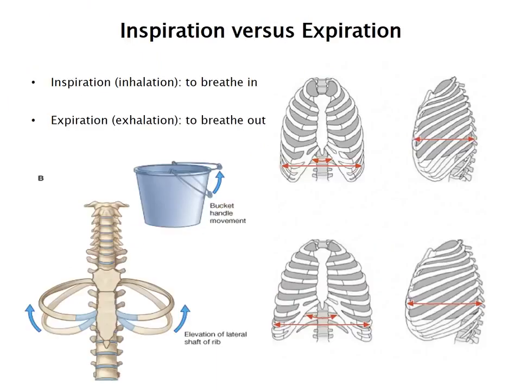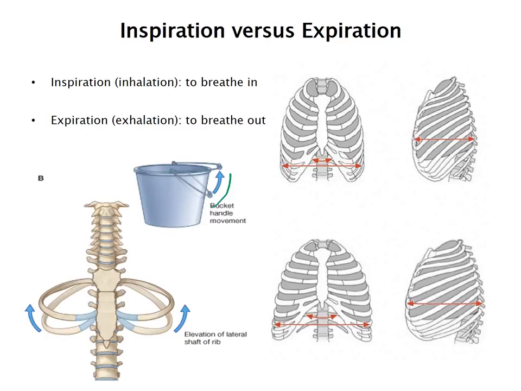Together, the sternocostal joints anteriorly and the costovertebral joints posteriorly enable the bony thorax to be mobile. In general, you can think of the movements of the rib cage as being analogous to the movements of a bucket handle. Laterally, the rib cage will expand in diameter upon inspiration by elevating the ribs just like a bucket handle.